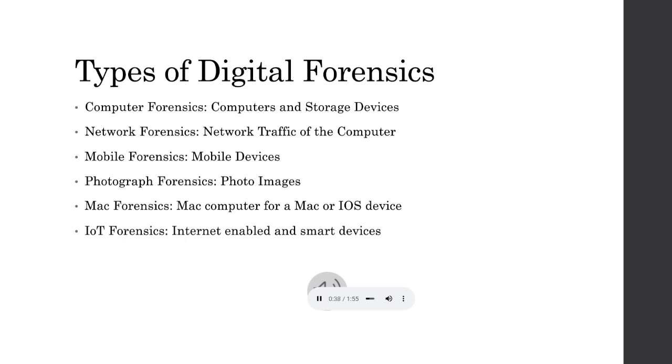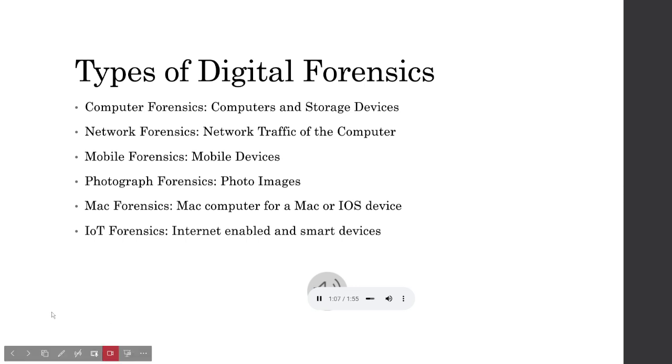Next is network forensics. It's any sort of data that has been retrieved in the network, like the traffic occurring back and forth between the computers and devices on that network. Next one is mobile forensics. That's any data retrieved from mobile devices, phones, and things of that nature. And then photographic forensics.